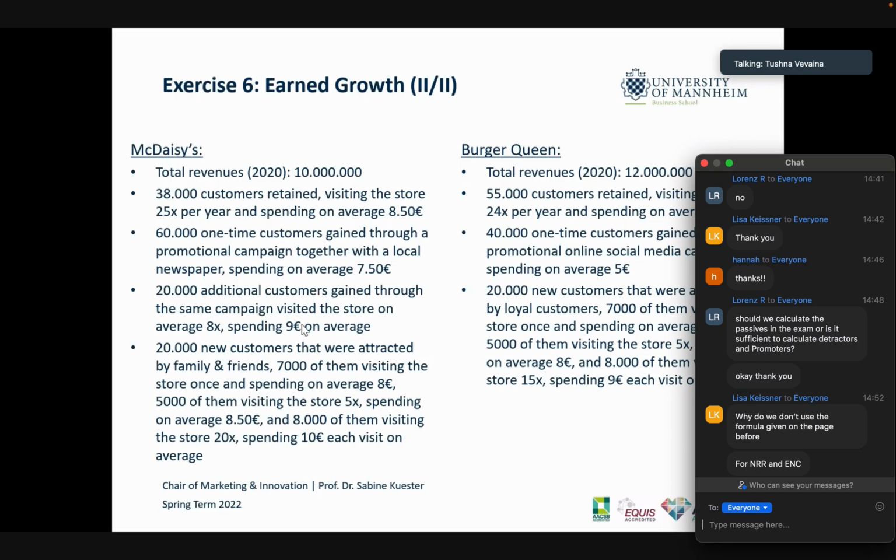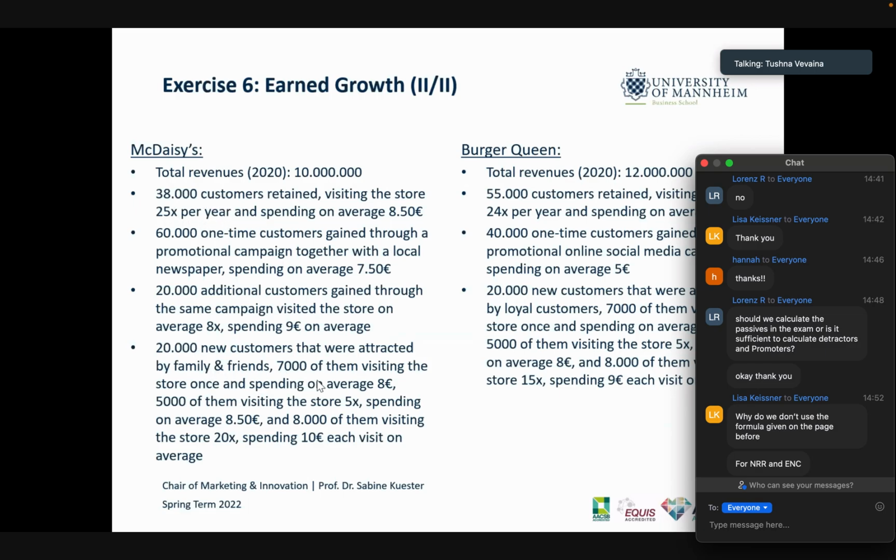Plus, again, you've been given that customers have been gained through the same campaign. So you have 60,000 into 7.5 plus 20,000 into 8 into 9, because these customers are visiting more frequently, on average 8 times per year, and spending 9 euros each time they visit. So these two statements form part of your bought customers. This statement forms part of your retained customers.